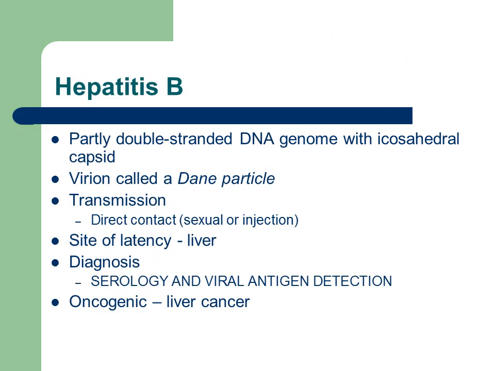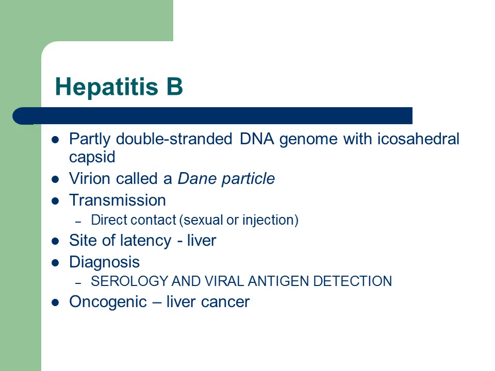Now, hepatitis B is a more commonly known type of hepatitis. Transmission of hepatitis B is sexual or injection exposure to contaminated blood and blood products. Now, the virion of hepatitis B is called the Dane particle.